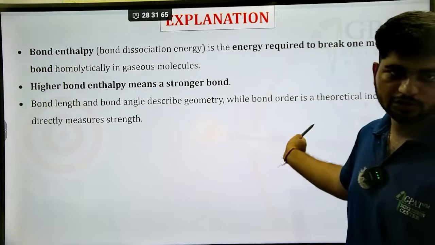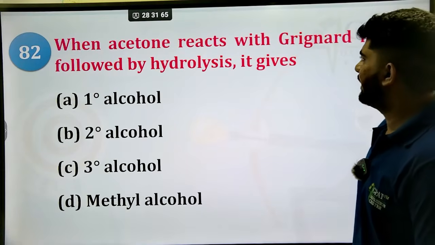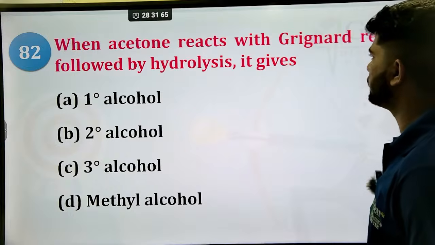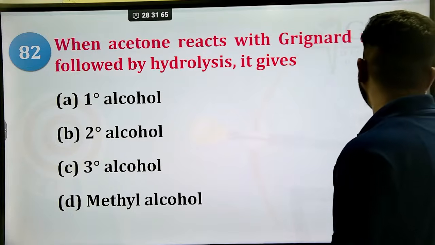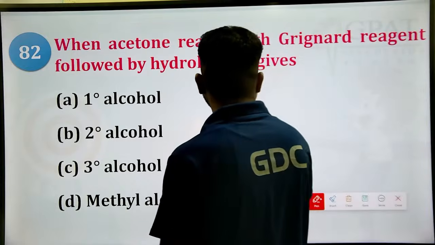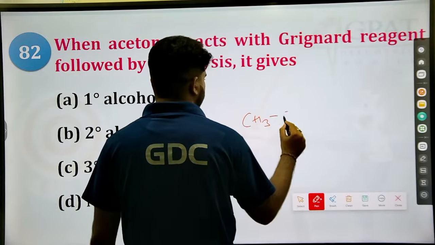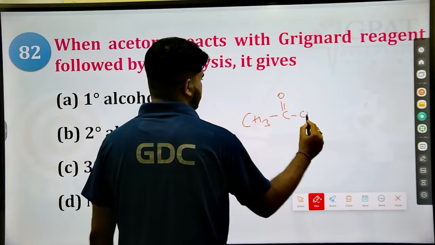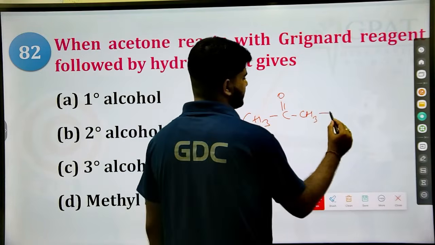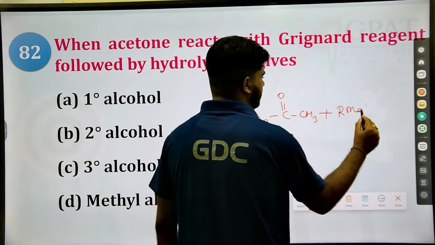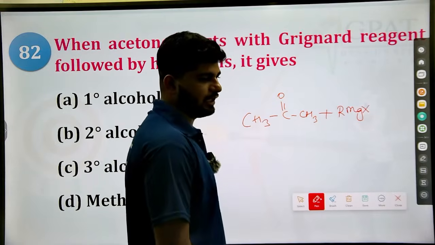Simple, right? Okay, when acetone reacts with Grignard reagent followed by hydrolysis, it gives what? Acetone is nothing but CH3, C double bond O, CH3. And the Grignard reagent is RMgX.